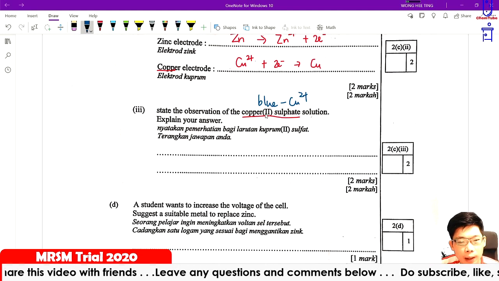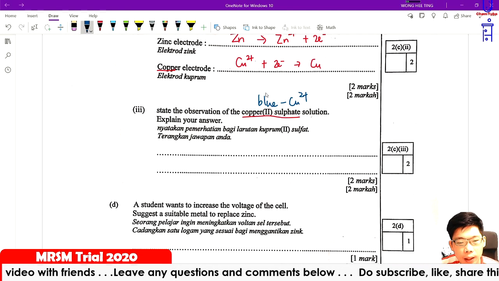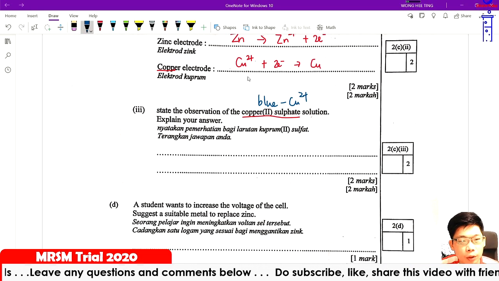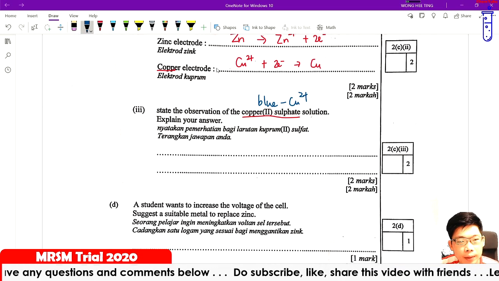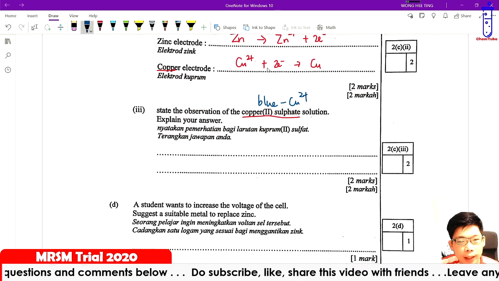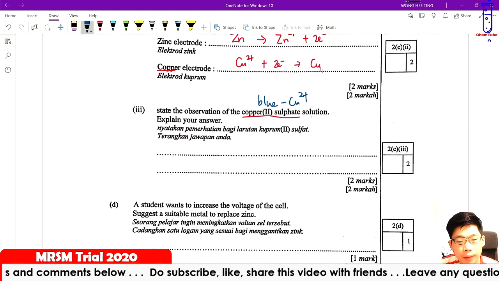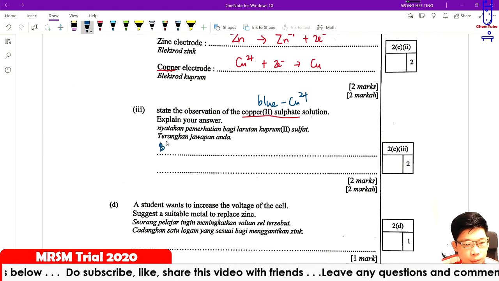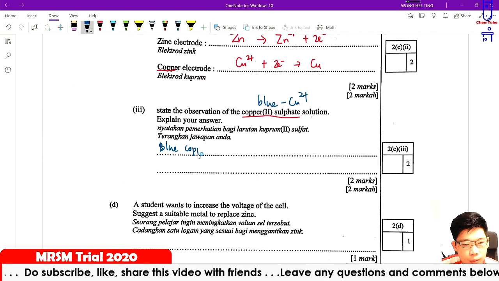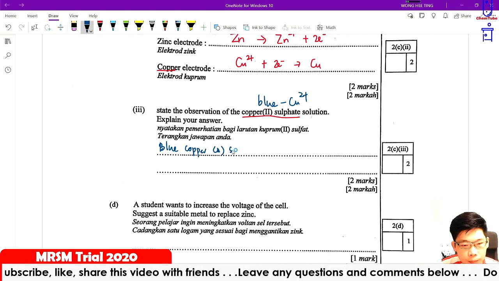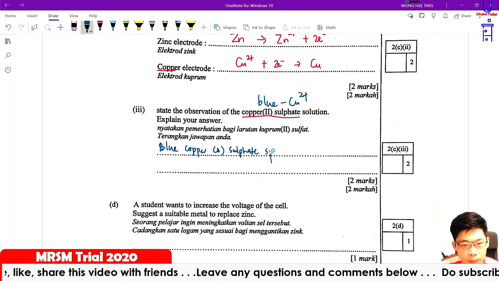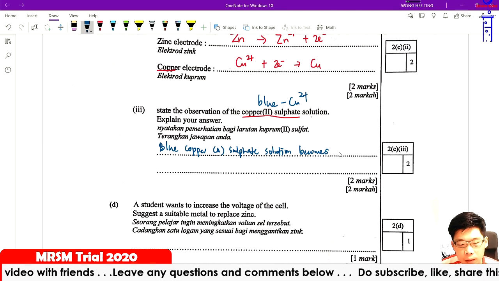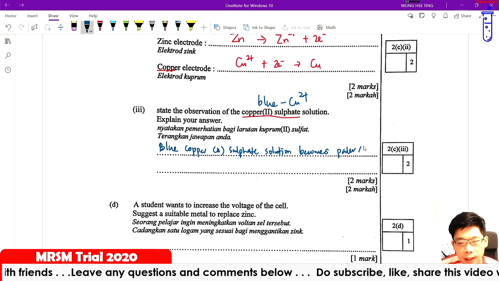So what happens to the blue copper 2 sulfate solution? Next you need to explain. At the copper electrode, copper 2 ions gain electrons to form copper metal. So meaning that the blue copper 2 solution becomes paler, or becomes light blue.